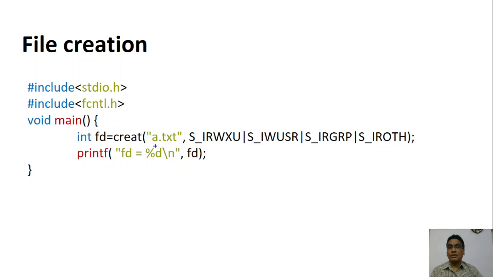Now I want to create a file called a.txt in the current working directory with the following permission like read, write, execute for the user, and so on for the group, as well as for the others. Once this particular system call is successfully called, it's going to return the file descriptor which can be used for further processing.